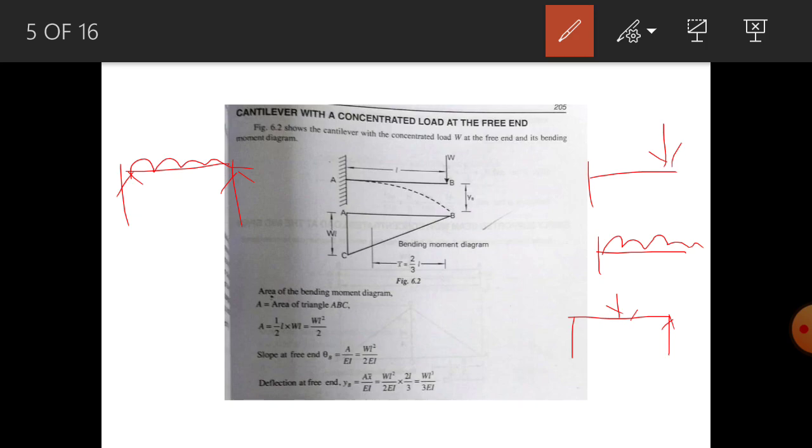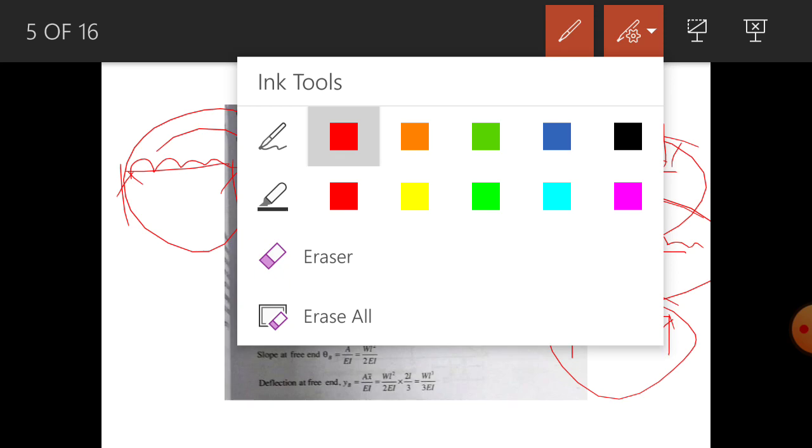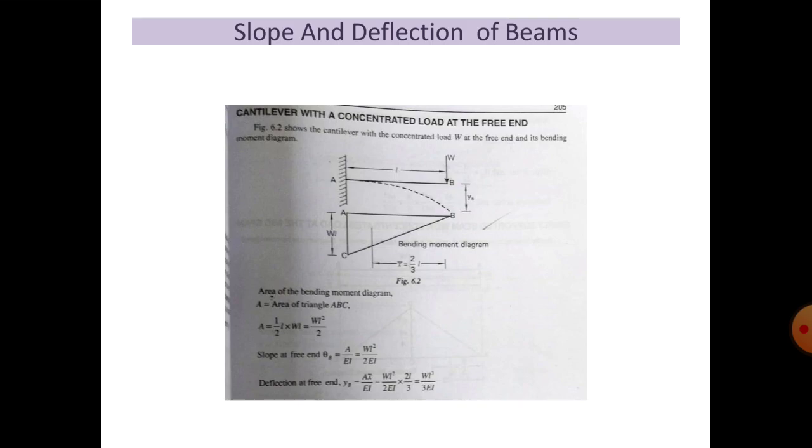You have to calculate the formulas from your exam point of view, because for the diploma level, these are the 4 types you are going to study: the deflections and slope, how to calculate. The same way you are going to calculate the slope and deflection for the other three types of beams.